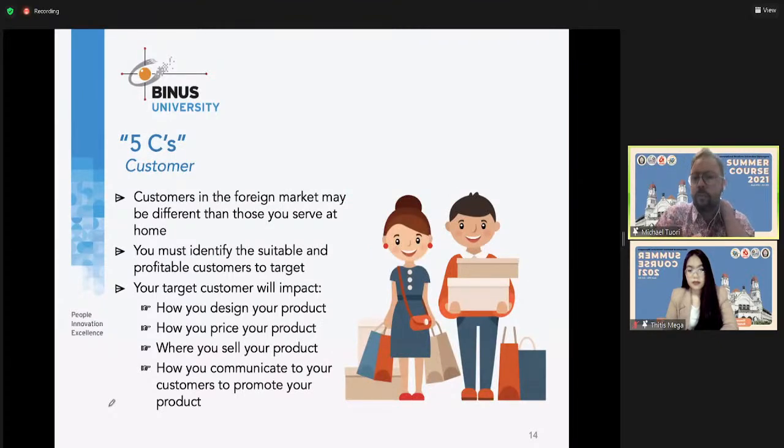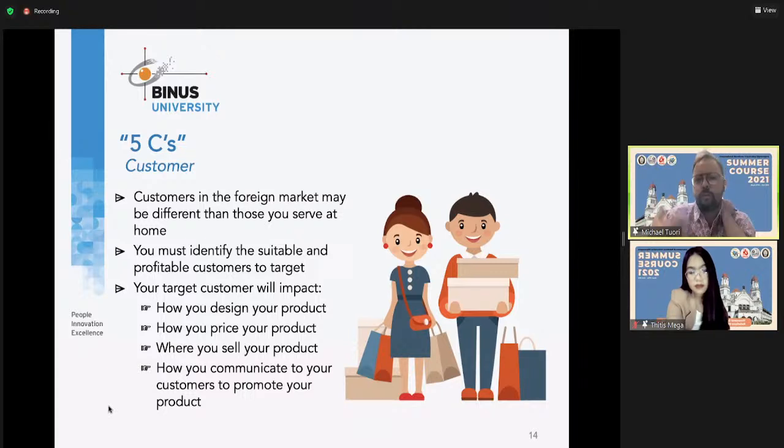So after we choose our country, we want to look at the environment in that country. And we start by looking at the customers there. They could be very different than our customers in Indonesia. So we have to look at who are the most suitable, who are the most profitable customers to target.